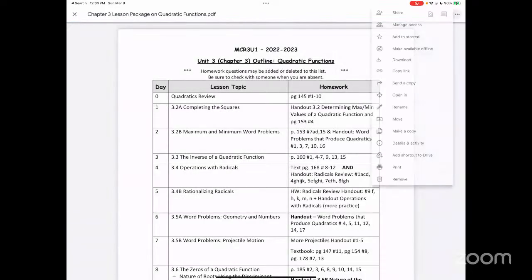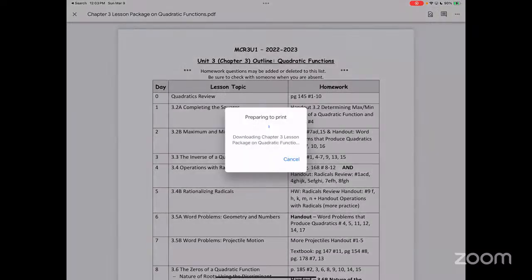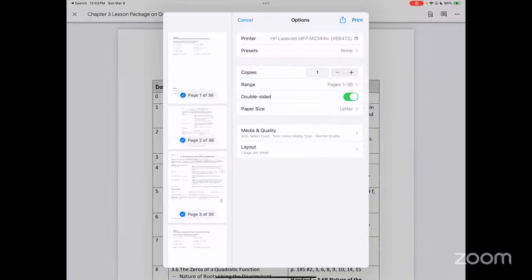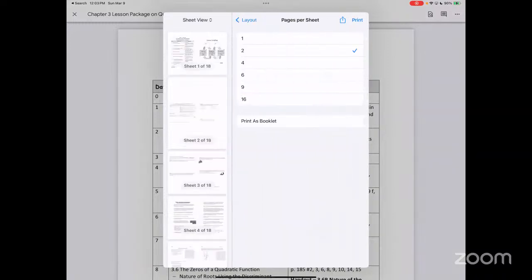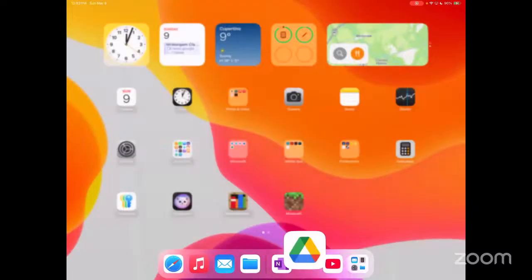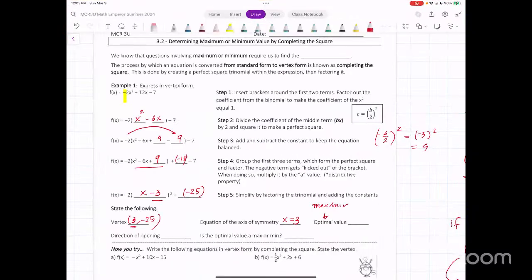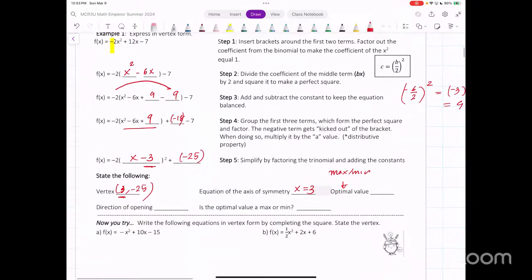Again, let me print that for you. That comes along the way. So let's move on here. So the optimal value refers to the maximum or minimum value.